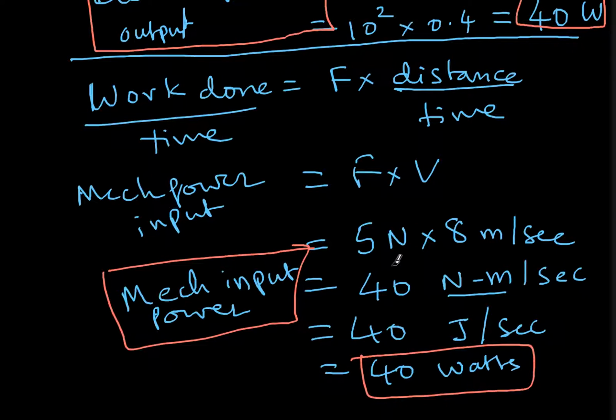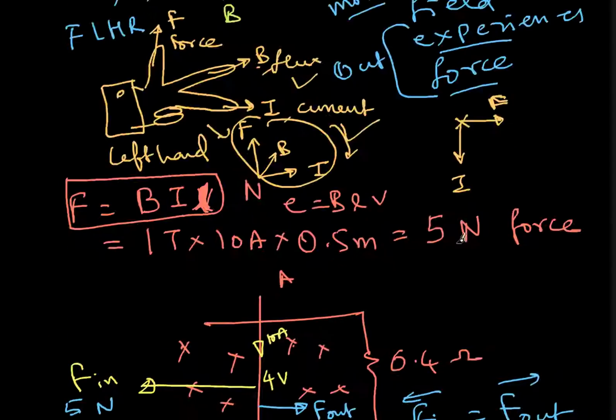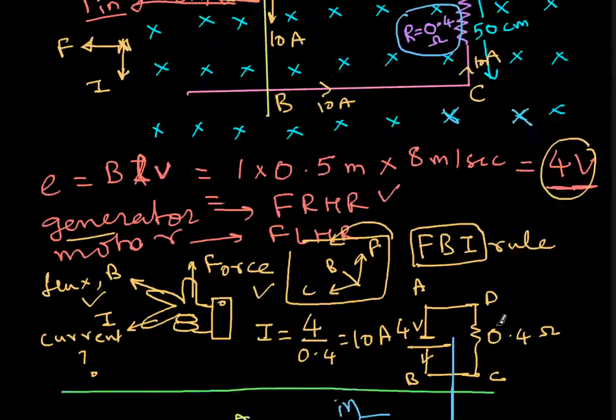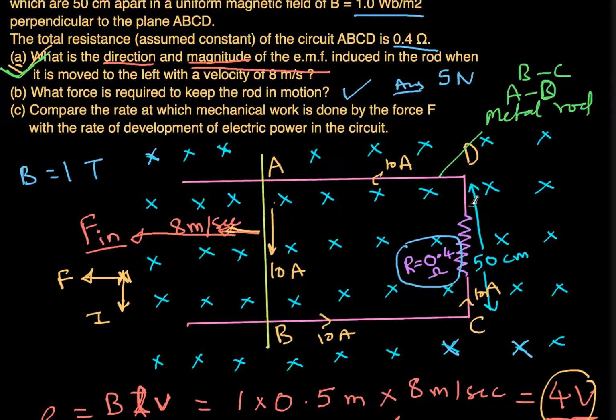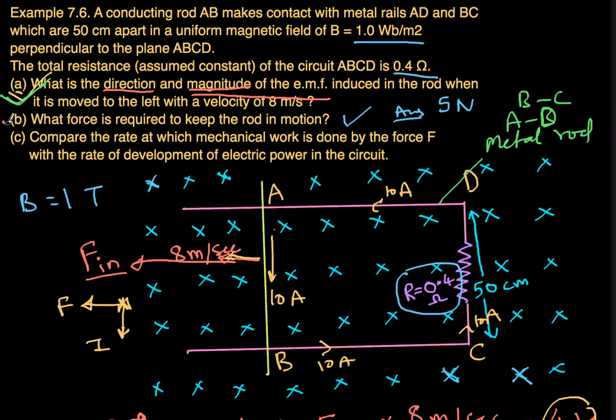Basically, what you are looking at in this diagram is nothing but an electric motor. I am moving this AB, and because of my motion, I am doing some work, and that work is being dissipated as the current in this resistance. I hope by solving this problem you understood some concepts.